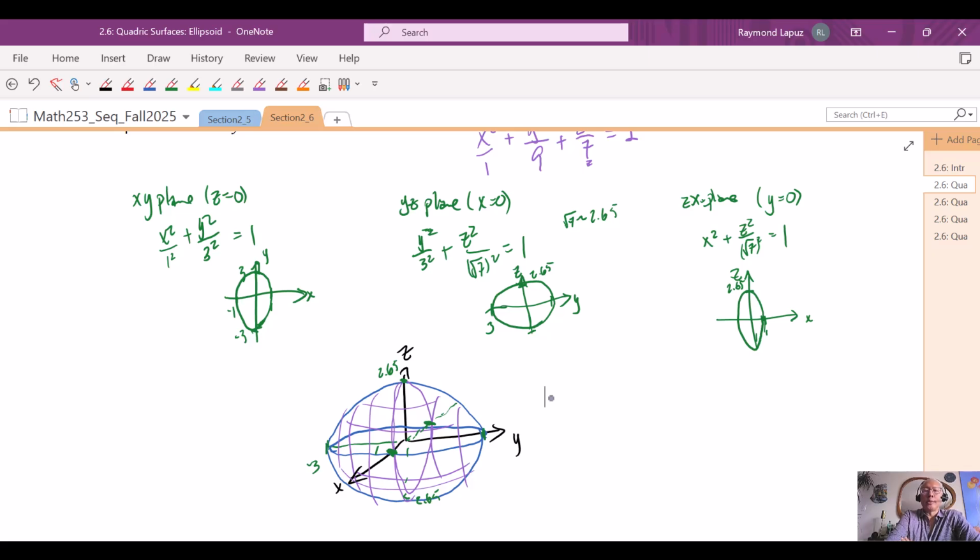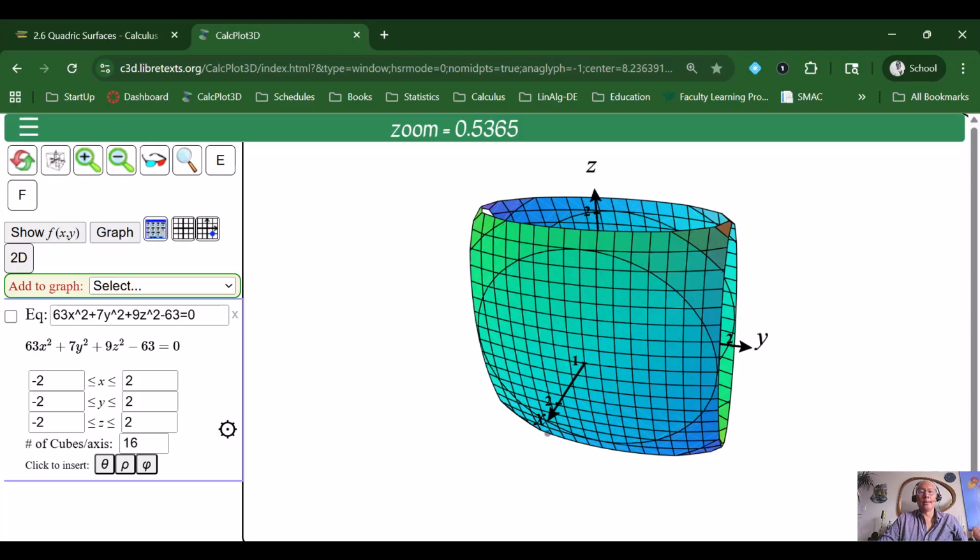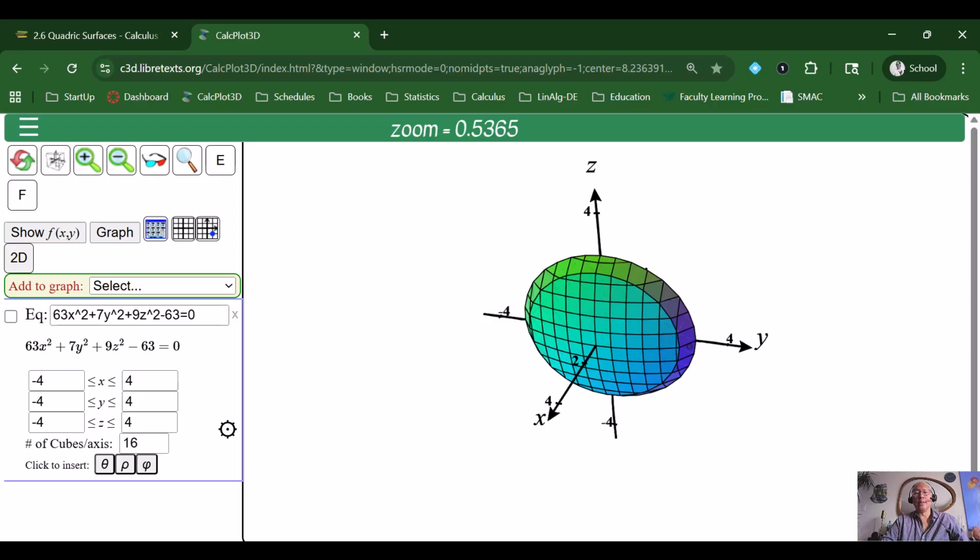That's like the ellipsoid. Let's take a quick look at the graphics of this in CalcPlot 3D. Here's our ellipsoid. It actually gets cut off because of the limits, but if we zoom out, we can see the ellipsoid.